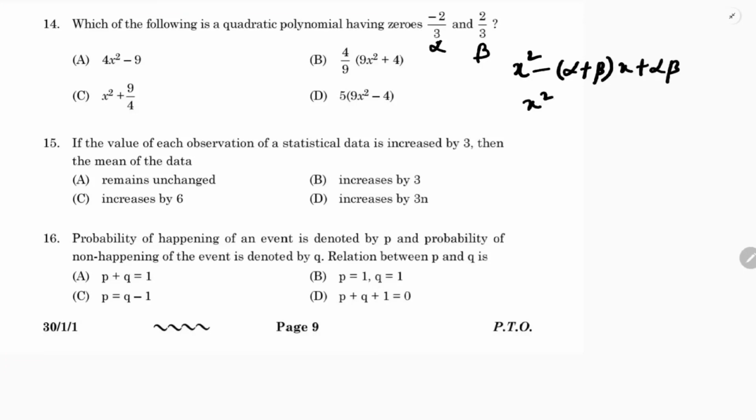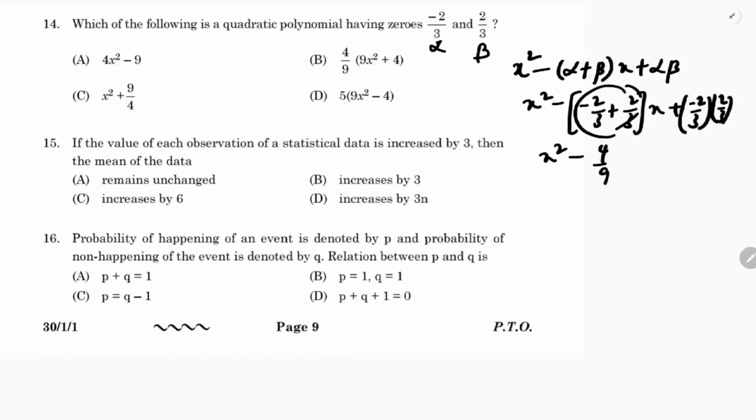So x square minus alpha is minus 2 by 3 plus beta is 2 by 3, x plus minus 2 by 3 into 2 by 3. So x square minus, this is 0. So plus into minus is minus 4 by 9. x square minus 4 by 9.